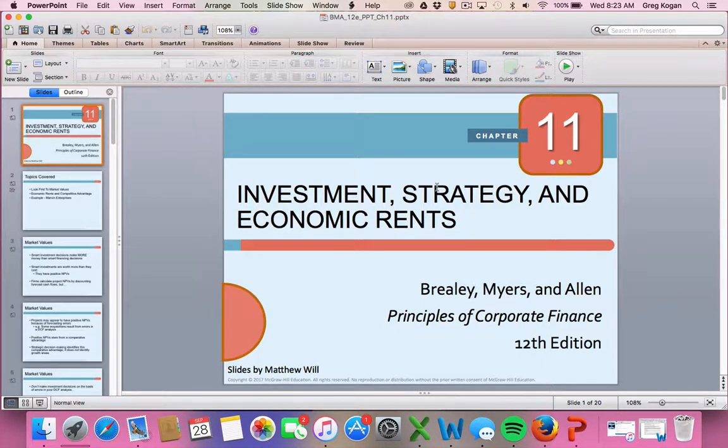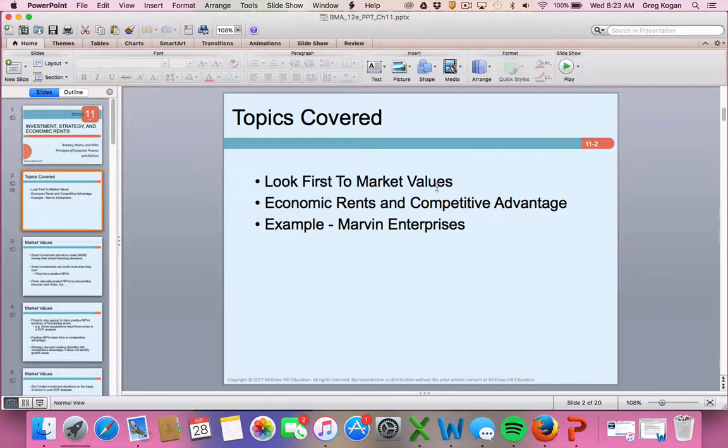Why is that happening? Because there's an economic rent, which means there's a competitive advantage. And the question this chapter describes, the strategy piece, is figuring out how long that economic rent is going to continue, how long that competitive advantage is going to survive.